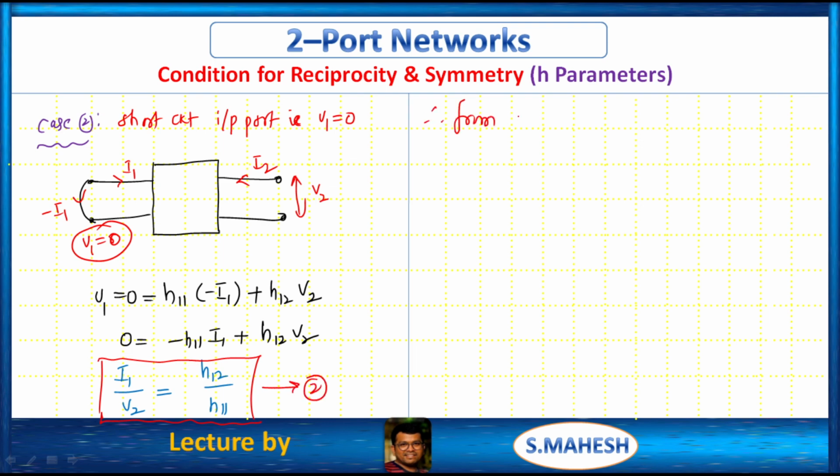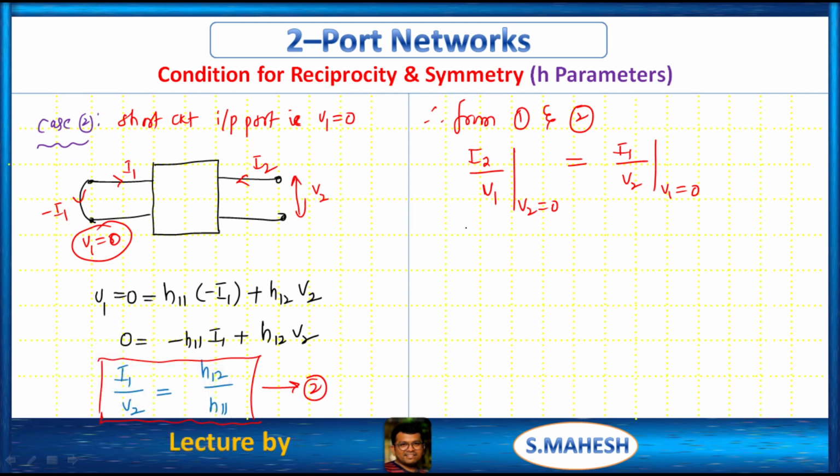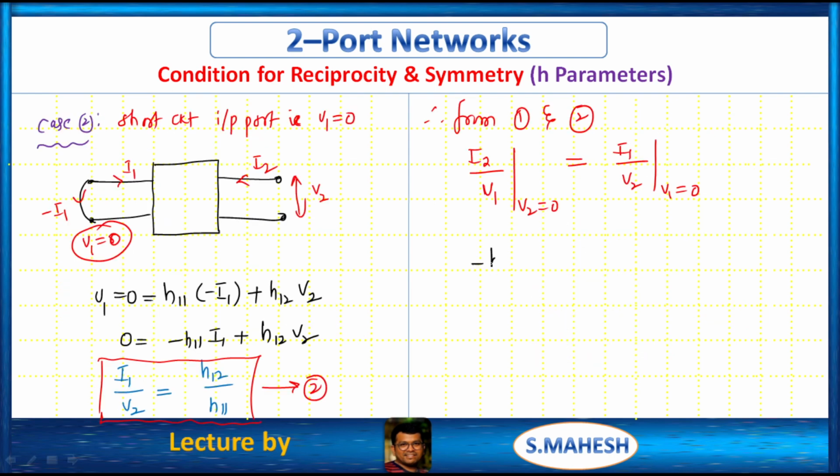Therefore, from 1 and 2, the ratio I2 by V1 when V2 = 0 equals I1 by V2 when V1 = 0.